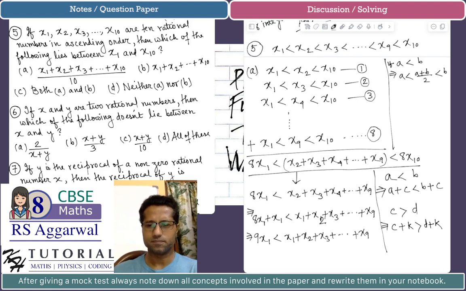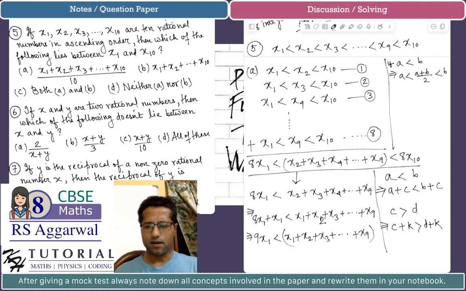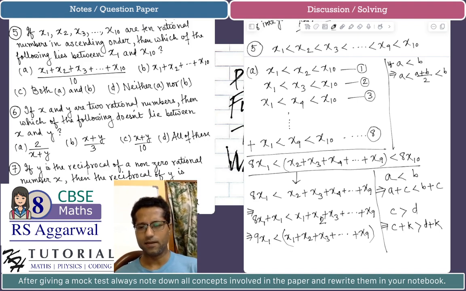We got this. On the right hand side of the inequality, we still need x10. Then we can decide something, because we need to see where x1 plus x2 plus x3 up to x10 divided by 10 lies.